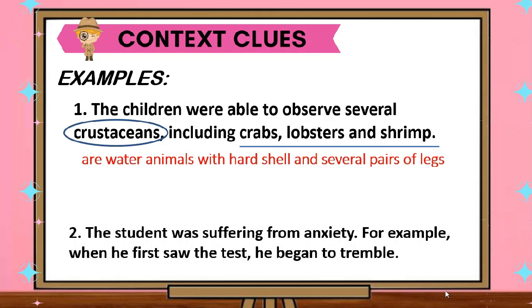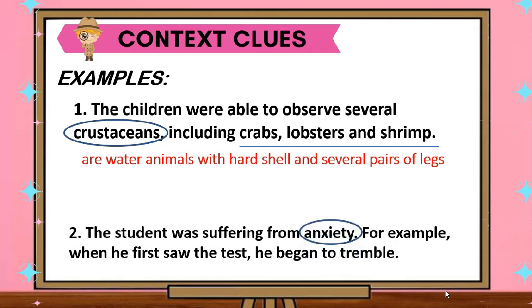Number 2. The student was suffering from anxiety. For example, when he first saw the test, he began to tremble. What word in this sentence is unfamiliar to you? Anxiety.